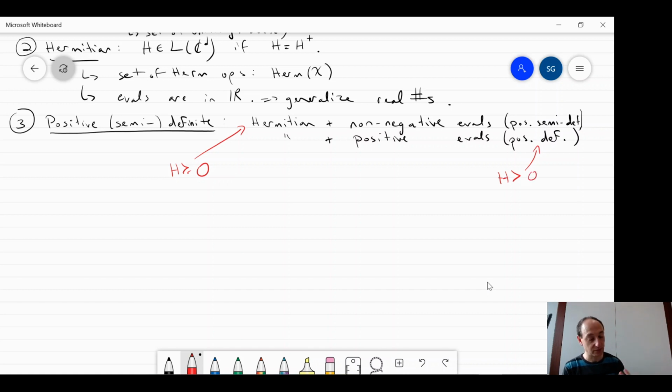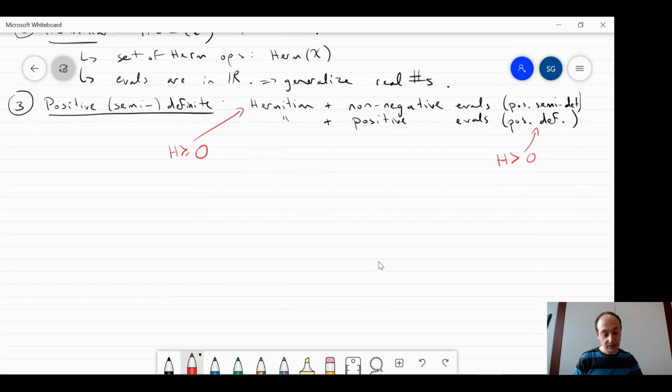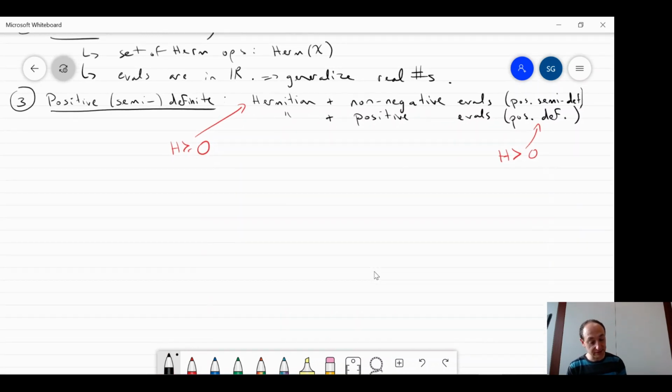So these are generalized inequalities that are defined on Hermitian operators. Generally speaking, if I ever write in this course that A is greater than or equal to B, that's completely equivalent to saying that A minus B is positive semi-definite. That's the way you should interpret that inequality. That's how it's defined. So as an operator, A minus B only has non-negative eigenvalues.